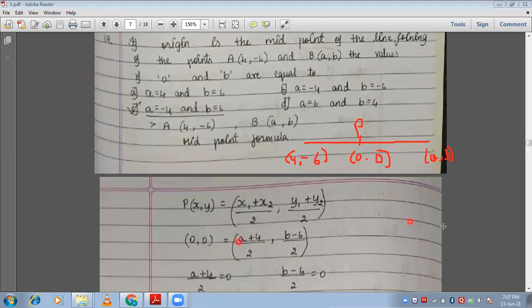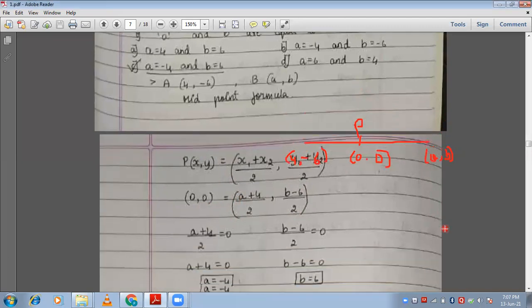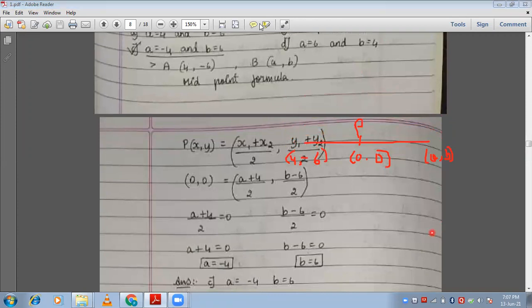Now equate this. 0 is equal to (a plus 4) by 2 and 0 is equal to (b minus 6) by 2. Simplify this. You will get a is equal to minus 4, b is equal to 6. So which option is right? Option C is correct. Next sum.